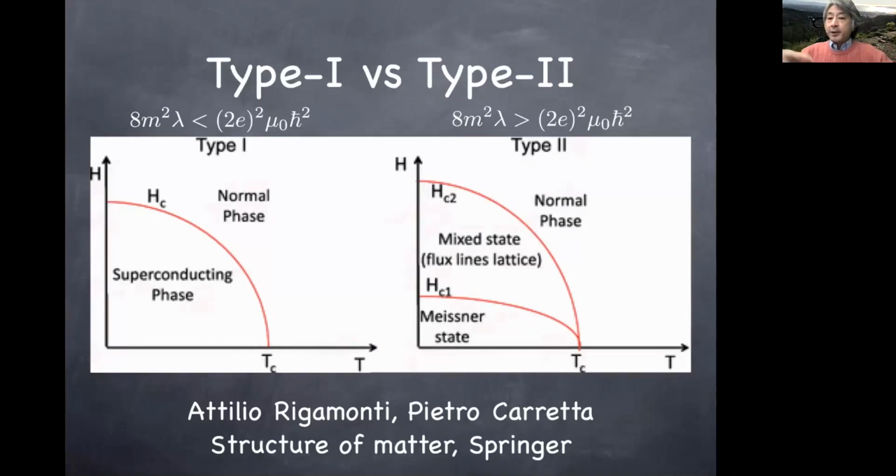But as you increase the magnetic field, expelling the magnetic field would cost you energy because magnetic field gets concentrated on the edge, and the energy of the magnetic field goes like B squared integrated over volume. So it costs you energy to expel it. At some point, it becomes energetically more favorable to let the magnetic field punch through the superconductor in these vortices.